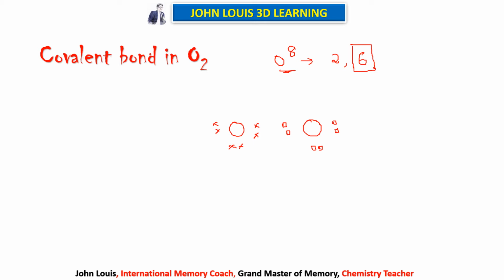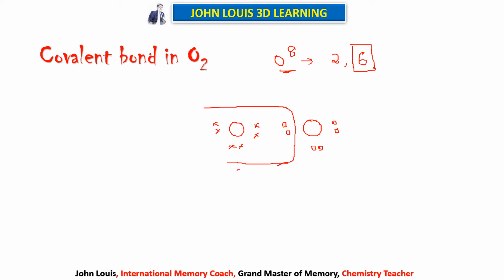So both the oxygen atoms can donate and share 2 electrons equally. So for example, this oxygen donates these 2 electrons, and this oxygen donates these 2 electrons, and these 2 pairs will be shared equally by both the oxygen atoms.